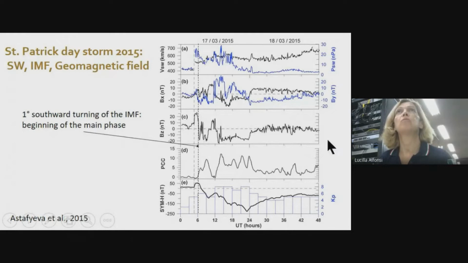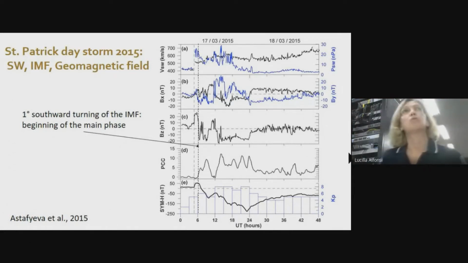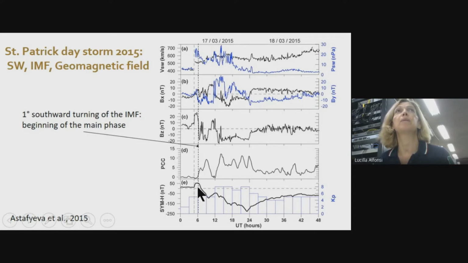So I remind you from the first day again, that with an open magnetosphere, we can have the reconnection of the geomagnetic field with the interplanetary magnetic field happening from the nose of the magnetosphere, so in the sunward direction, and this gives the starting, the beginning of the main phase of the storm here.